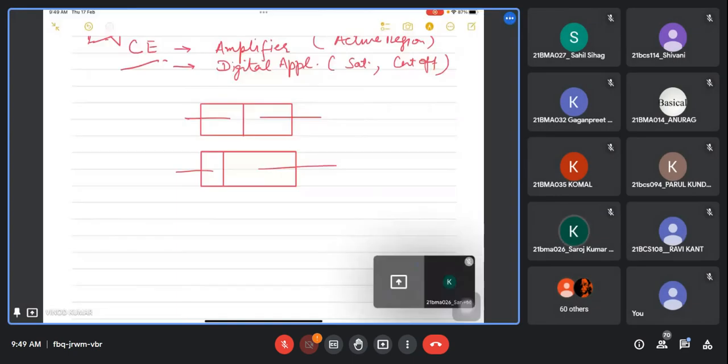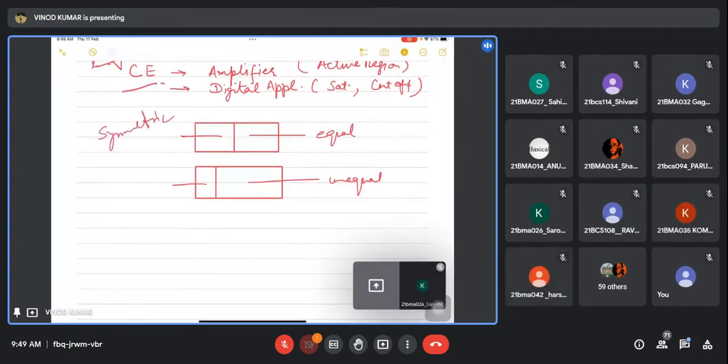But they are unequal, actually. So this is asymmetric, and this is symmetric. Symmetry is better, isn't it?